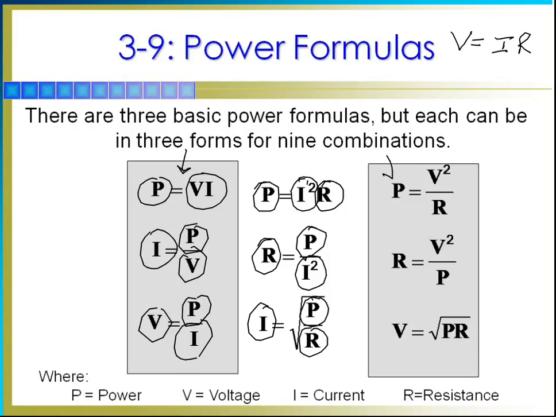Substituting for current, of course, power equals V squared over R. R equals V squared over P. Or voltage equals the square root of power times resistance.